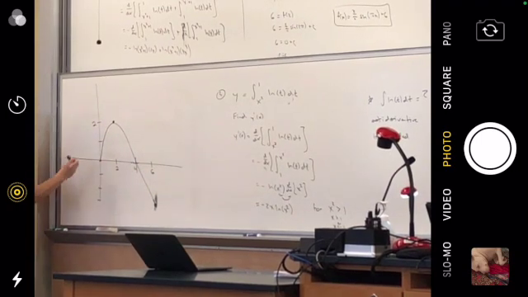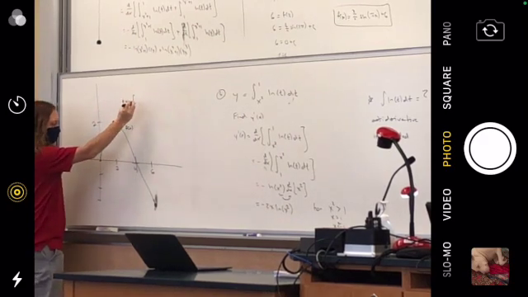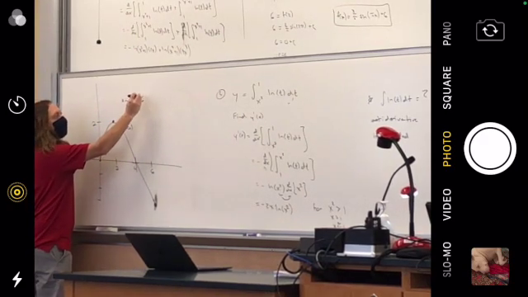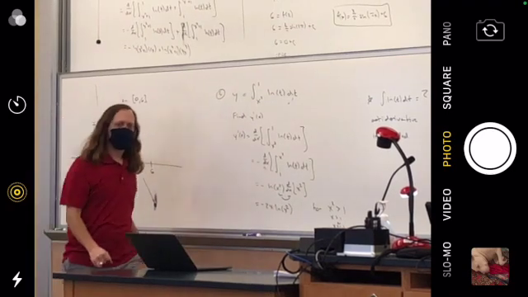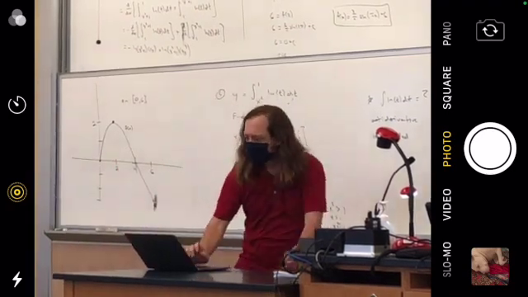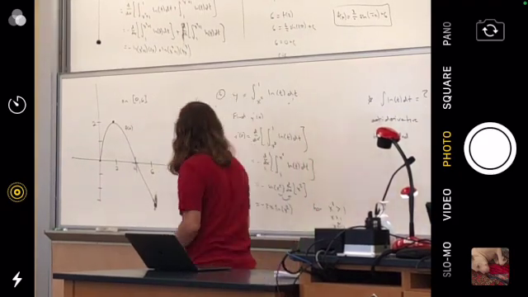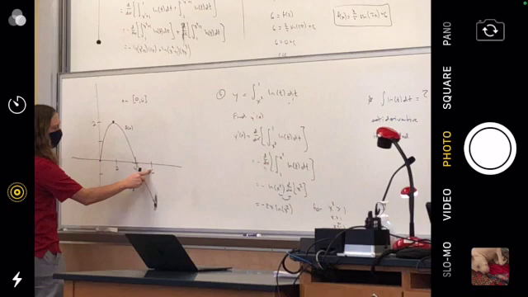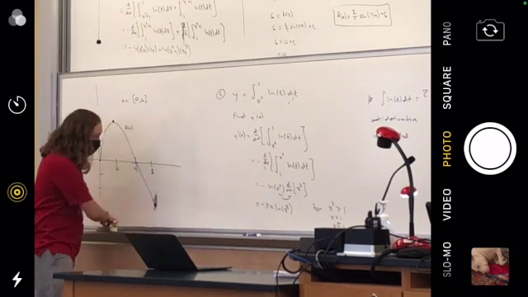So here's some function f of x on the interval 0 to 6. Basically looks like a quadratic opening downwards. Except I have a very bad day. Actually, this is 5. I want to be consistent.